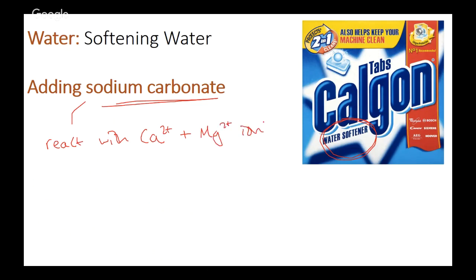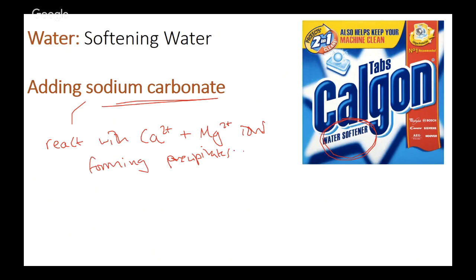Don't forget, these are the ones making it hard. So these are the ones that you want to remove from the water, and they will form precipitates, so solids. So for example, calcium carbonate or magnesium carbonate in a precipitation reaction.